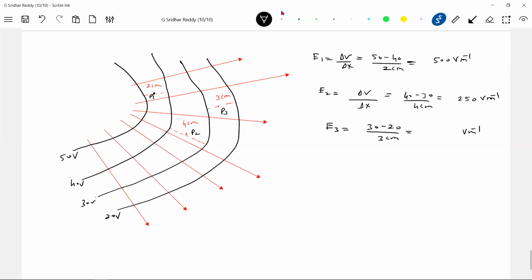This will be 10 by 4, 2.5, 2.5 into 100, which will be 250. This will be 10 by 3, 3.33, so 333.